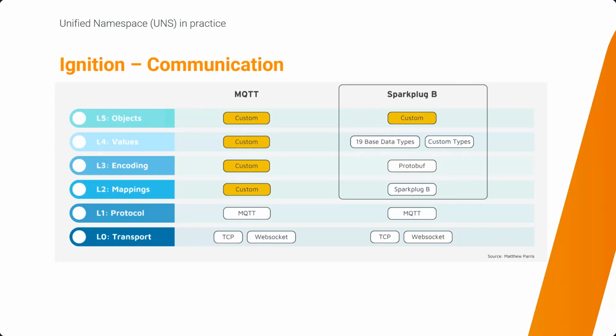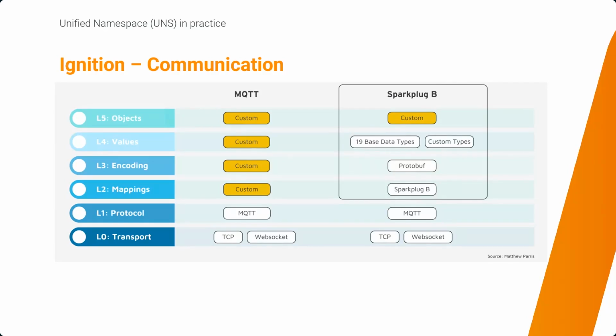And it's also supporting custom types. We can then make custom objects. So let's say I have a tank, which has a level, a temperature, and a pressure, for instance, which uses any of the 19 base data types. So the SparkPlug communication helps us to define the type and the way of communicating.